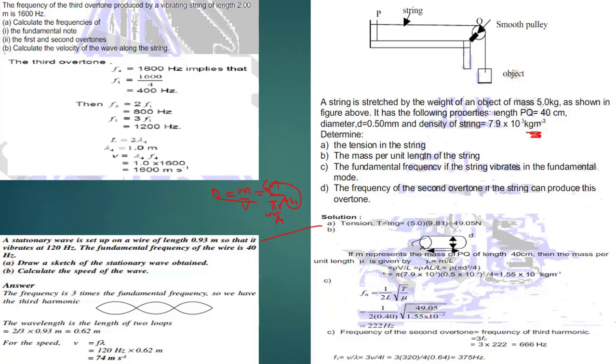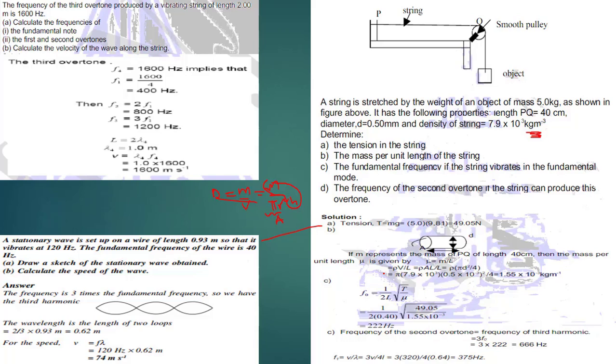Density umepewa ni 7.9, okay. 7.9 times 10 power 3, au ni 7900. Okay, ni 7900. So una multiply na cross sectional area ambao ni 3.14 times d squared over 4. Okay, you can put it as a radius squared, kwa ikawa 0.5 radius, maana yake hapa inakuwa ni 0.25.